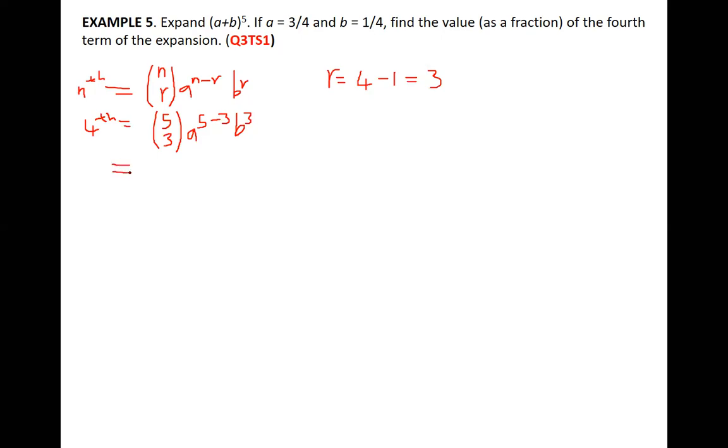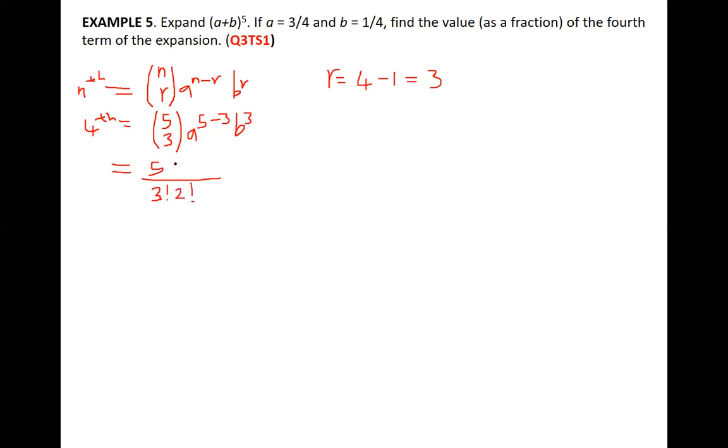So you now simplify this. This can be simplified by saying 5 over 3 factorial, and then 5 minus 3 gives 2 factorial.